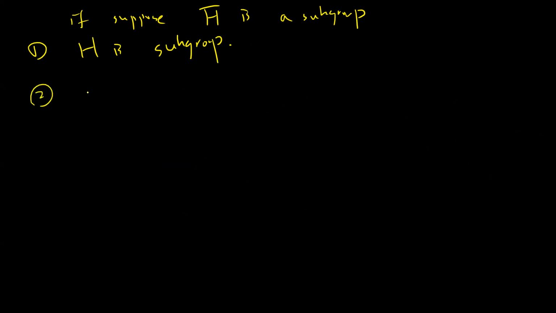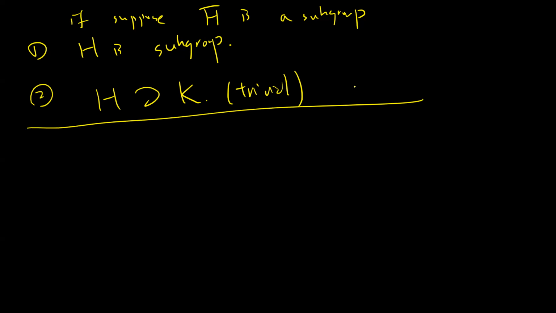And the second is that H will contain the kernel. This is trivial, because in H bar there's an identity, and the kernel just maps to the identity. So H must contain the kernel. Now let's see how to prove it. Two is trivial, so that's the proof of two. Now proof of one.